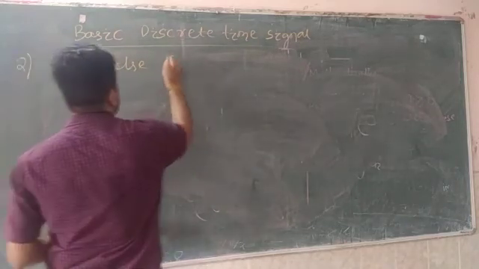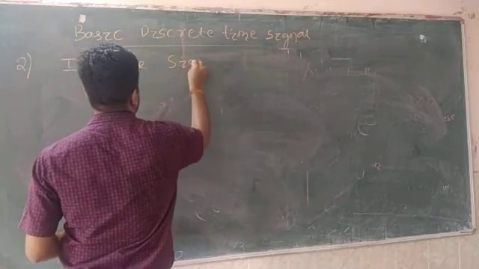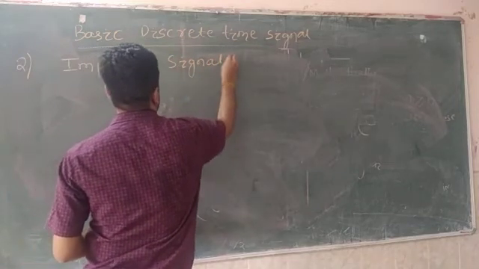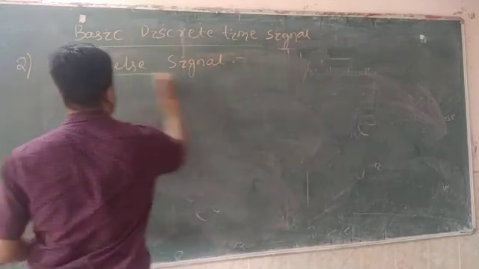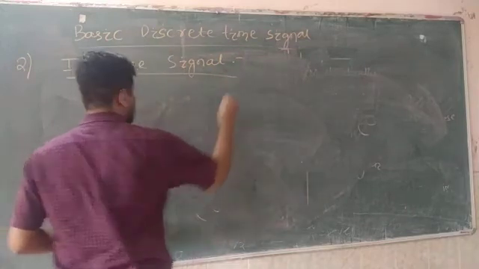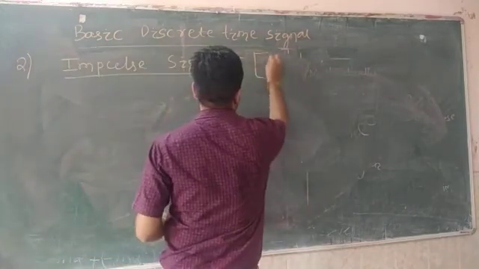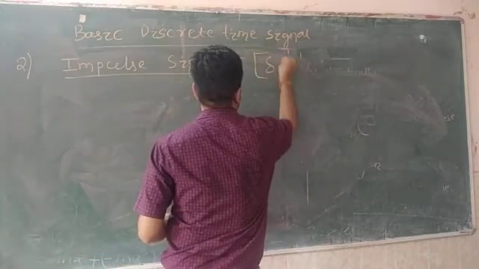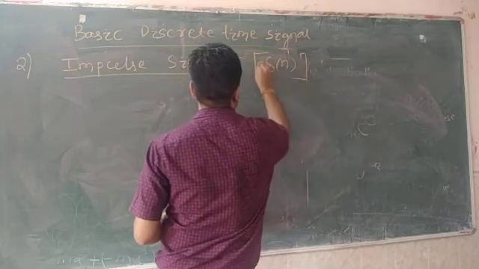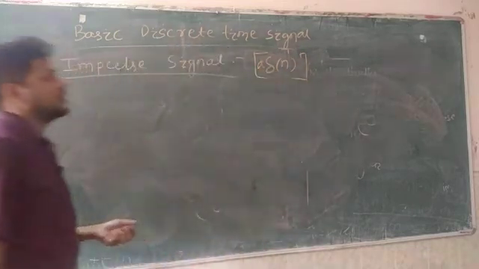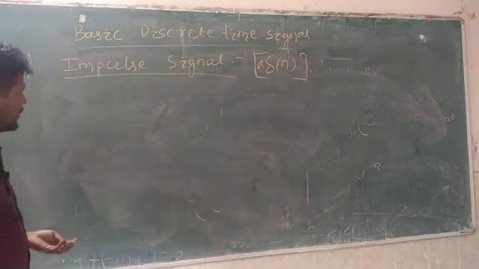Second is your impulse signal or impulse sequence. This is denoted as del of n. For example, this is denoted like this, A del of n.